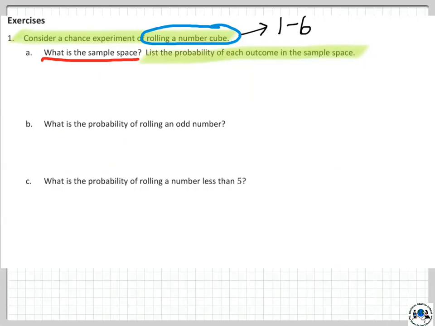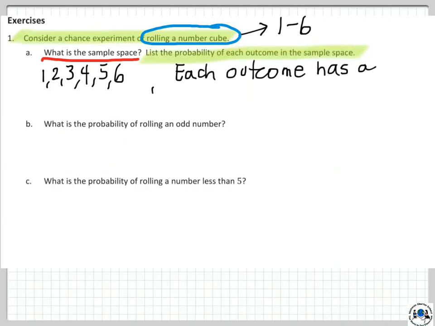Your sample space is 1, 2, 3, 4, 5, 6. Those are the 6 possible outcomes, and each outcome has a probability of 1 out of 6, or 1/6. And you can see that pretty easily.